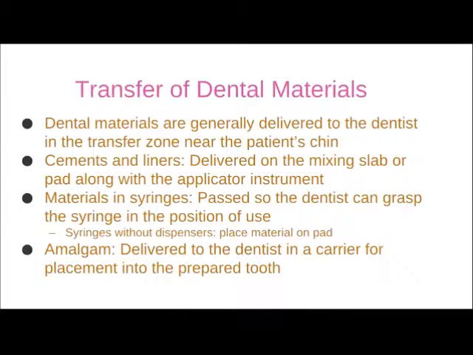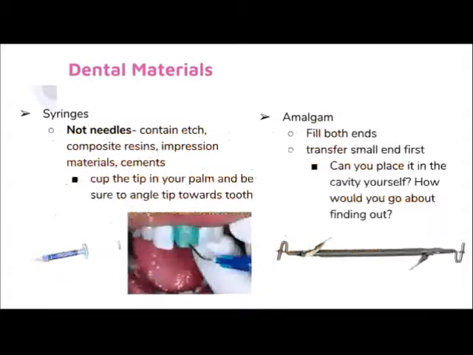Anything that's in a syringe should be passed so that the patient can't see the tip of the syringe, but the dentist can grasp the syringe. Now, when we talk about syringes for dental materials, they are not sharp. So you can hide the working end of the syringe in your hand without worrying about hurting yourself. And then amalgam is placed into a carrier, and we'll talk about that a little more.